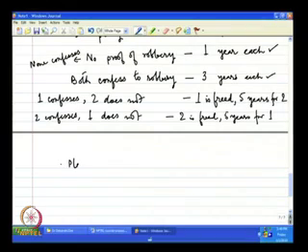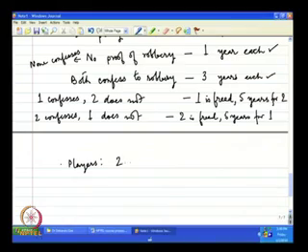What we need to know in strategic games, as I have just told you, is that we need to be sure about 3 elements. First is the number of players. So, here who are the players? Here the players are obviously these 2 thieves, these 2 prisoners, because now they are going to make a decision on what to do, confess or not confess. So, players here are 2 prisoners.